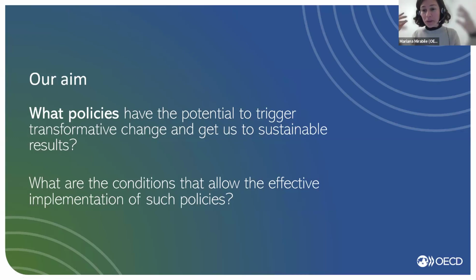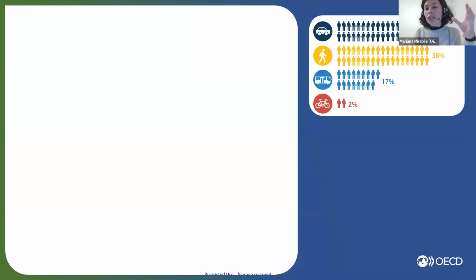Diliana was also talking about the importance of mindset shifts, right? And we need to go through, in our view, a number of mindset shifts on how we think about policies. Let me give maybe a concrete example with transport. Imagine that what we want to change is transport choices in a city.